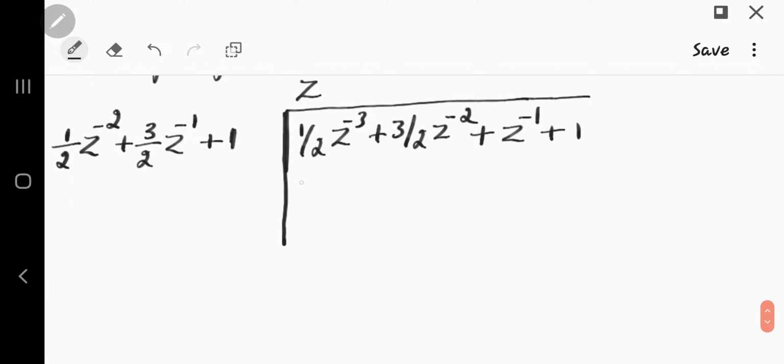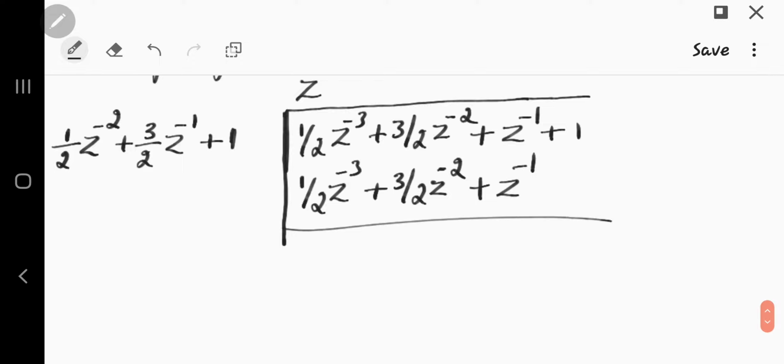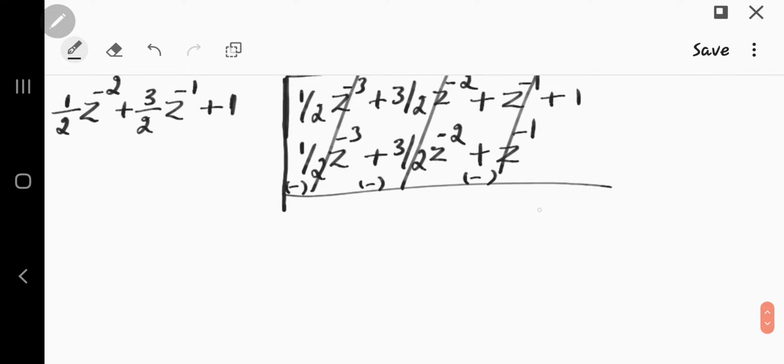So that gives us 1 by 2 z to the power of minus 3 plus 3 by 2 z to the power of minus 2 plus 1 into z inverse is z inverse. Now this will definitely change the signs here. So this will get cancelled, this will get cancelled, and this will also get cancelled. We'll remain with 1 here.